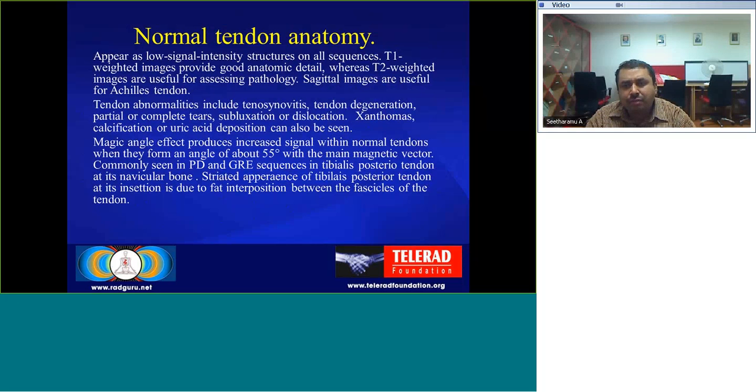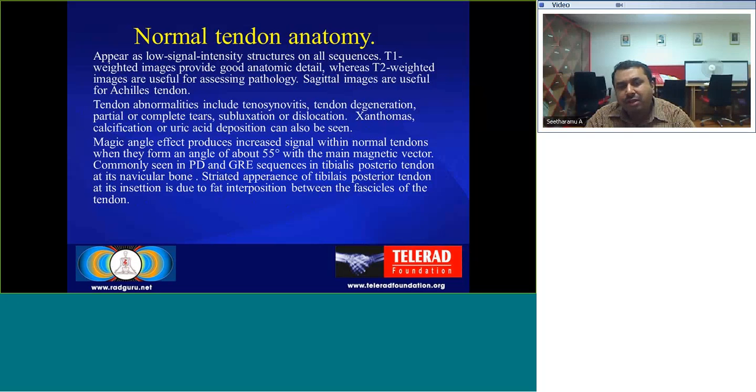The normal tendon anatomy. The tendons appear as low signal intensity structures on all sequences. As usual, the T1 weighted images provide good anatomical detail, whereas the pathology is best assessed with T2 images. For assessing the Achilles, sagittal images are also very useful.